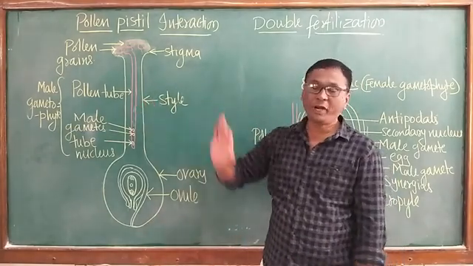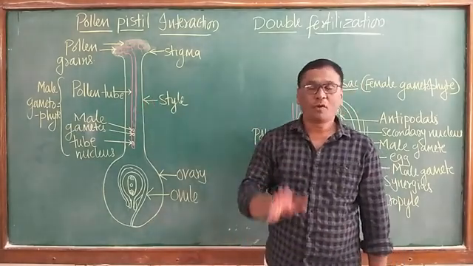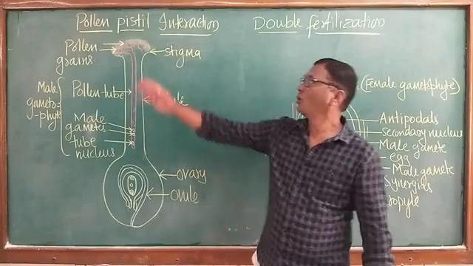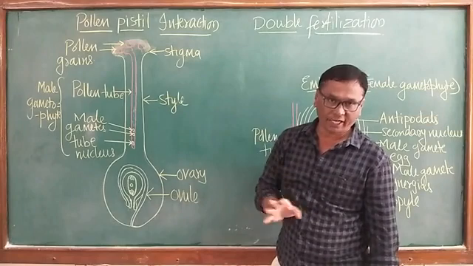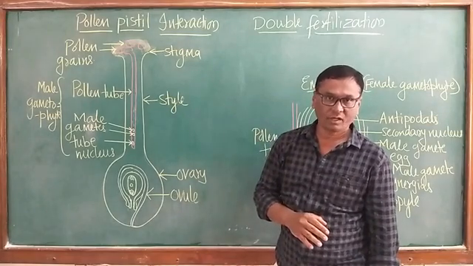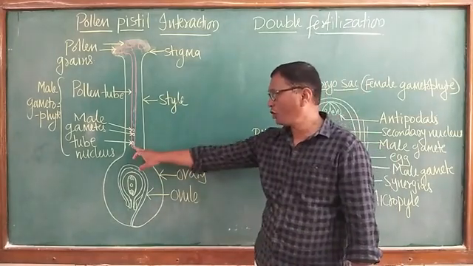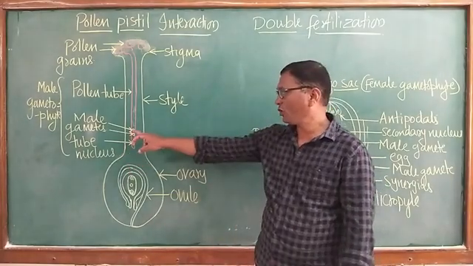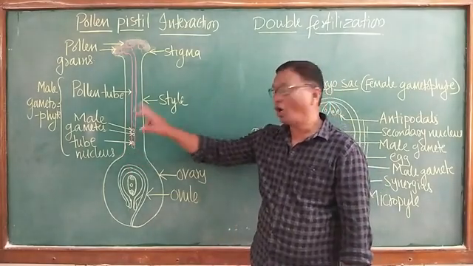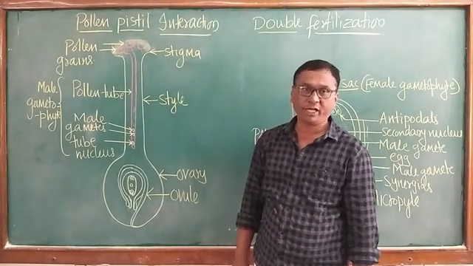Now this development of male gametophyte mostly happens only during the process of pollen-pistil interaction. The tip of the pollen tube is followed with a tube nucleus. It is followed with two non-motile male gametes.